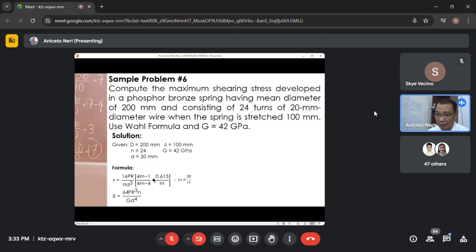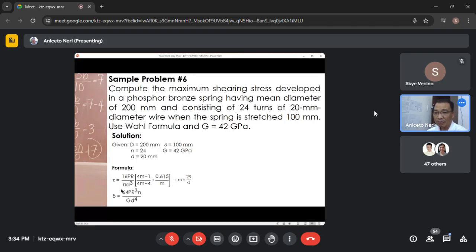Check this one. Maximum shearing stress. Unsa kinahanglan nimo? m. Makuha mo ng m kay 2R is simply diameter. That's 200. I-divide nimo og diameter sa wire 20. Na kay 10. So ang m is walay problema. Diameter given, R given. Ulang ka og P para ma-solve nimo ang stress. So asa kuhaon ang P?